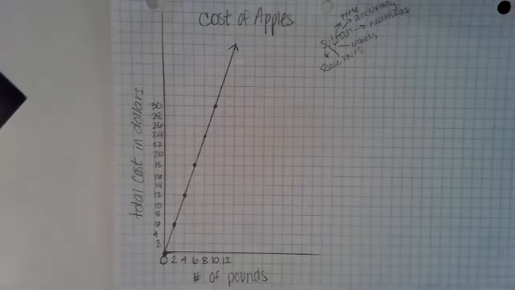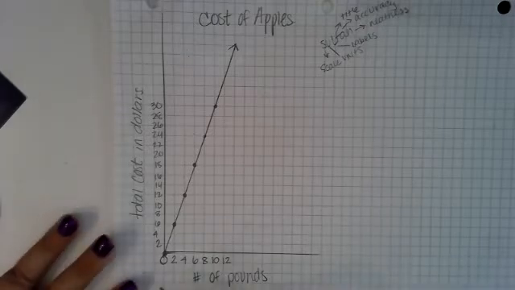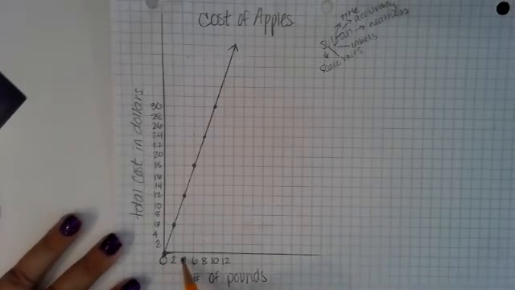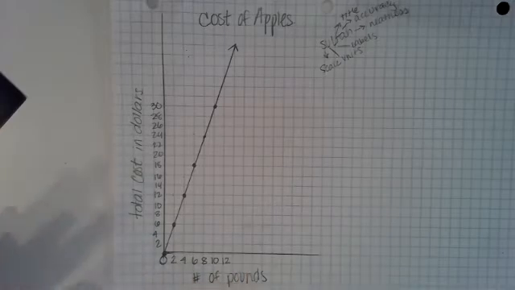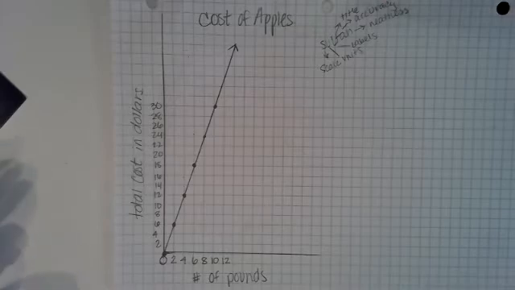Like if I go to the store, I can't pick the apple up in my hand and think to myself, ooh, this is exactly 0.72 pounds, right? I just buy my apples and then I put it on the scale. So you can have the in-between of these numbers that are part of the solution. That's why it's continuous.